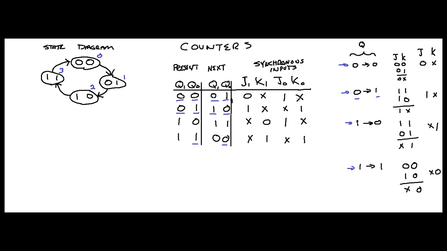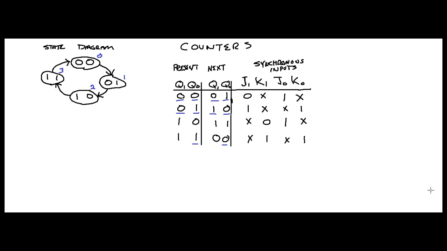Now, let's draw the Karnaugh maps. This is what you have to do. So I'm going to remove this state table here, okay? Now, we have to put in 4 Karnaugh maps because we have 4 variables.